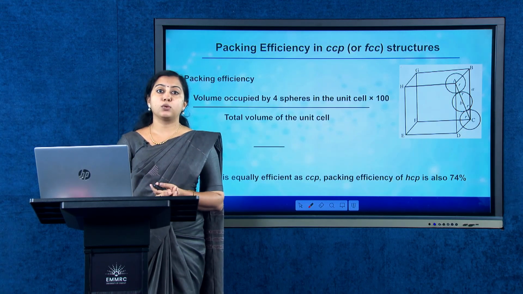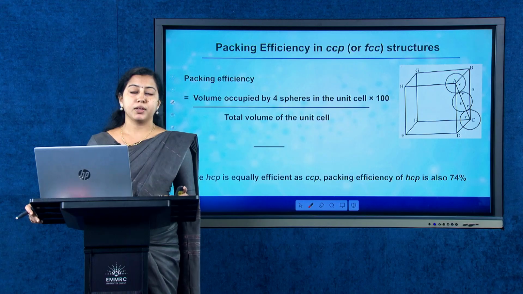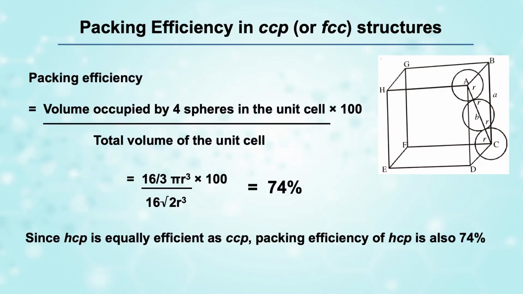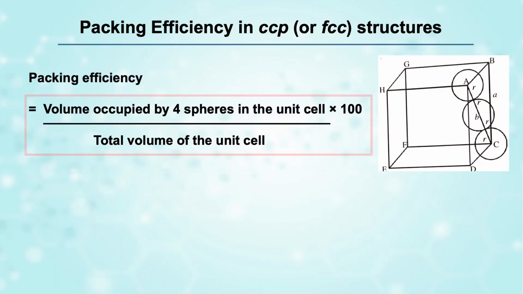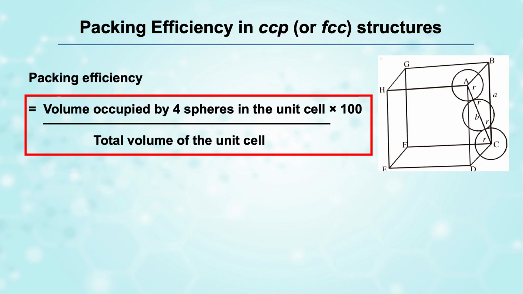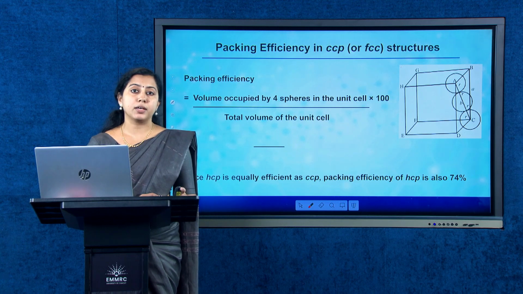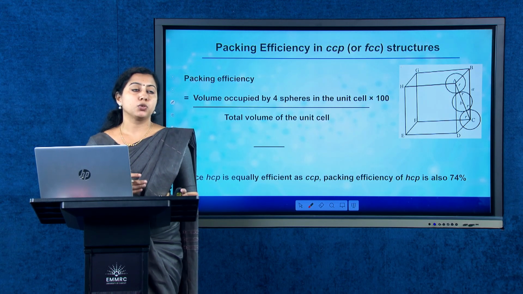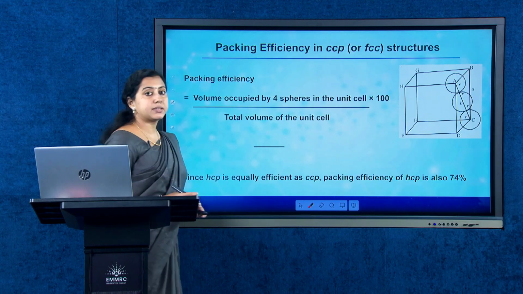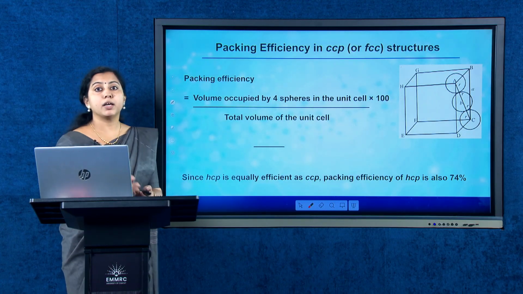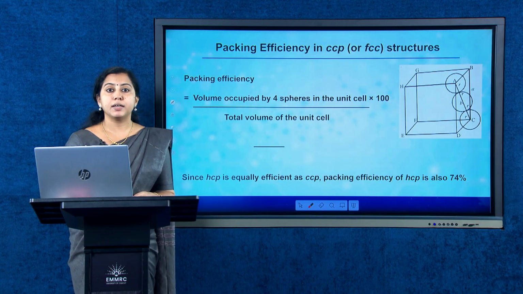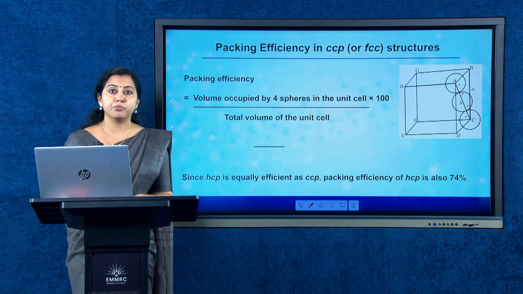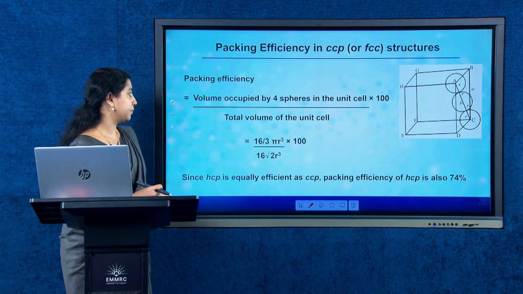So now let's calculate the packing efficiency. We have seen that packing efficiency is the volume occupied by the spheres in the unit cell divided by the total volume of the unit cell into 100. So here there will be 4 spheres per unit cell. So the packing efficiency can be represented as volume occupied by 4 spheres in the unit cell divided by total volume of the unit cell into 100.